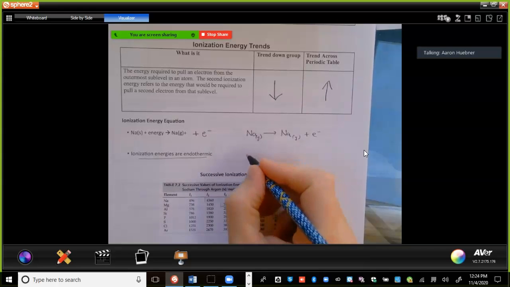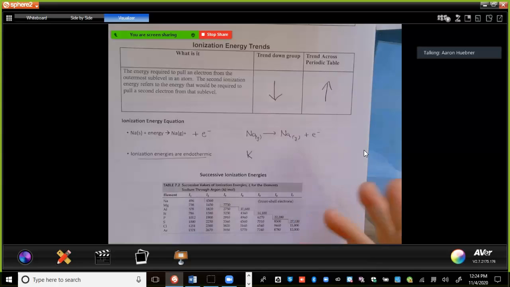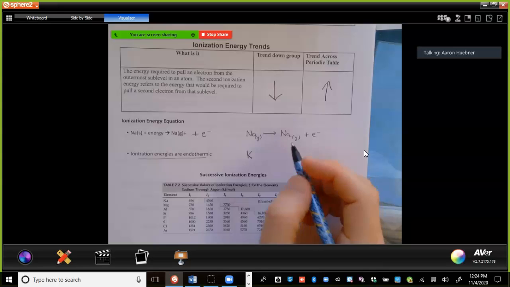If you're doing something like potassium, IB is really going to focus on one electron. They're going to stay away from magnesium and oxygen, which involve the transfer of 2 electrons.